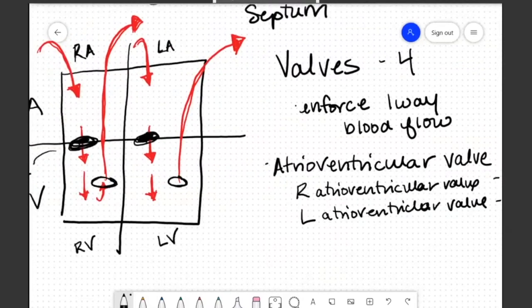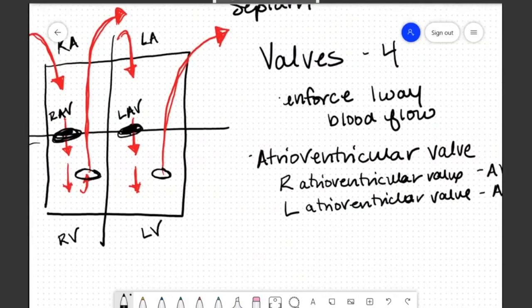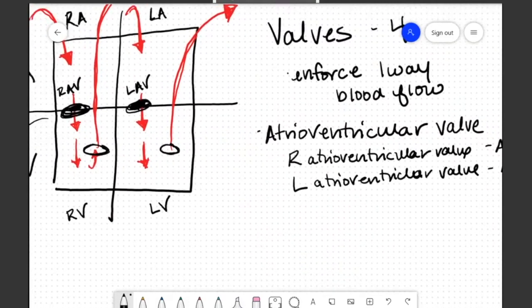So we're going to come over here and do right AV and left AV. So those are the atrioventricular valves. They are the doorways between the atrium and the ventricles, the top and the bottom of the heart. So then we're going to talk about these doorways that are going to leave the heart. Those are going to be called semi-lunar valves.